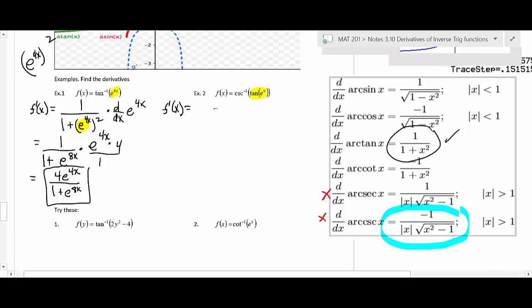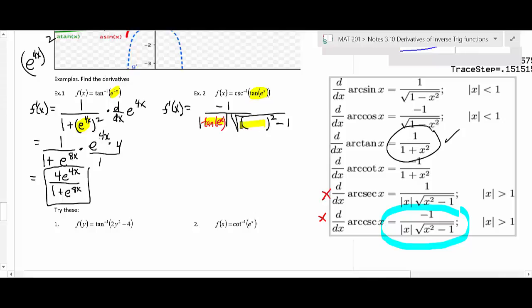So it'll go like this. We'll say negative 1 over the absolute value, and don't put an x there, put whatever that argument is. So what's going to go in there is a tangent of e to the x. Okay, like that. That's going to go in the absolute value, and then you'll have the square root, and it goes backwards, so you'll have that function squared minus 1.